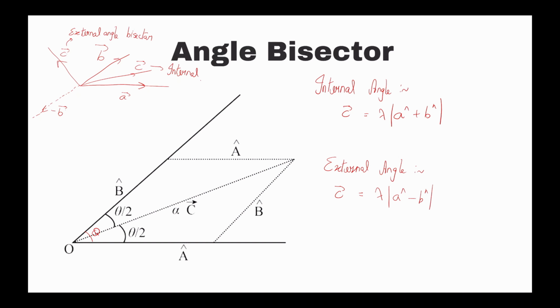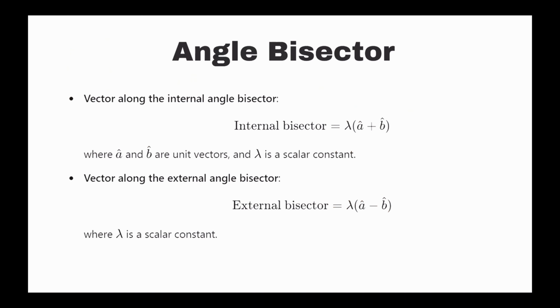Again, nothing much to discuss or understand here. There are two formulas for angle bisector which you need to remember. Now we'll look at a question and you can see how we can use such formulas. The lambda used in this formula is a scalar quantity. It is going to vary depending on the vectors or the conditions the vectors are in. The same things have been mentioned here: vector along internal angle bisector and vector along external angle bisector.